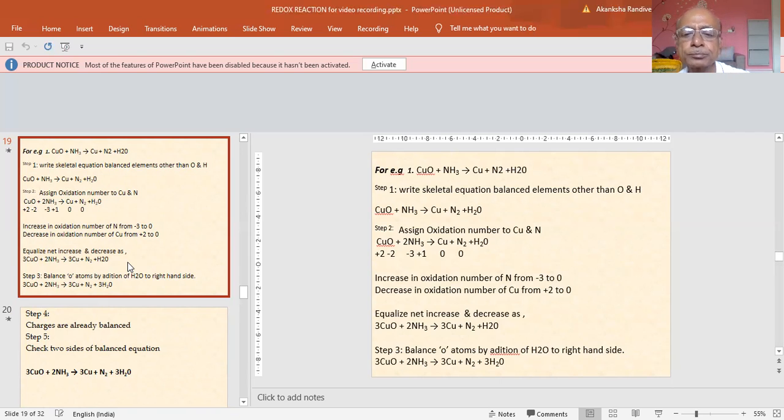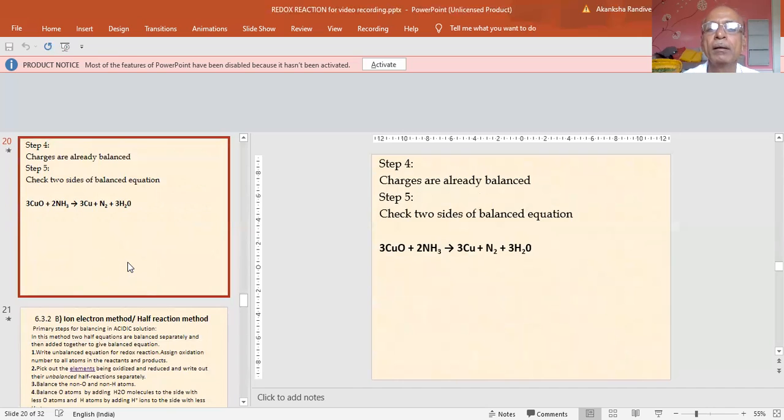So to the left side there are 3 oxygen atoms. So we must write 3 H2O molecules to the product side. And therefore, thrice of CuO plus twice of NH3 gives thrice of Cu plus N2 plus thrice of H2O. Again, the charges are already balanced.